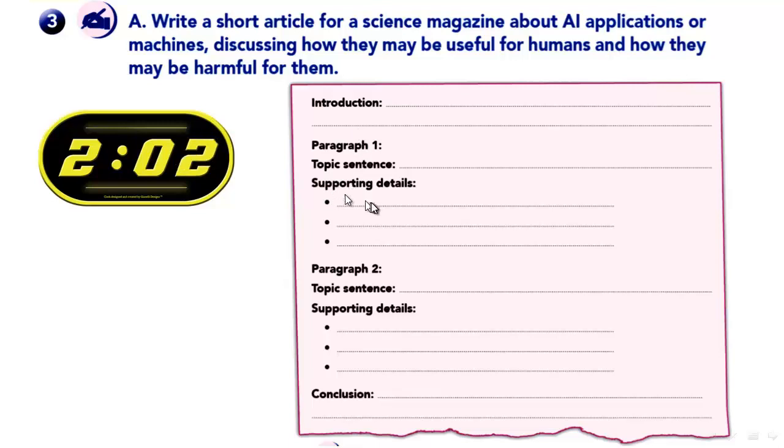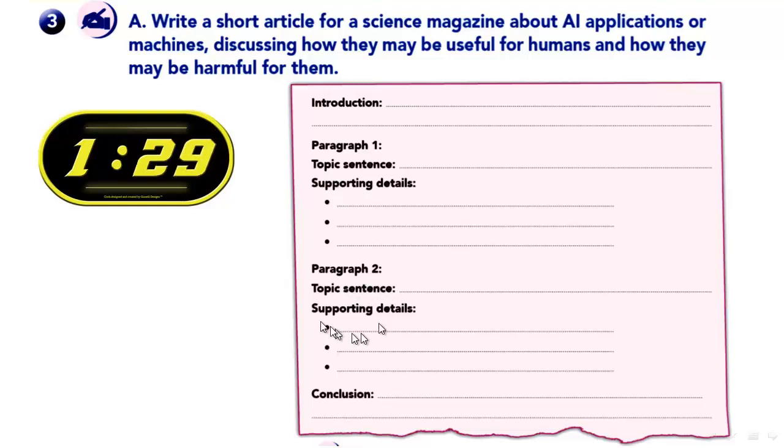You should write some supporting details to support the advantage in your paragraph number 1. For paragraph number 2, you should write the second section of your article, which is the disadvantage of artificial intelligence or machines, or the points that we mentioned as harmful for humans.